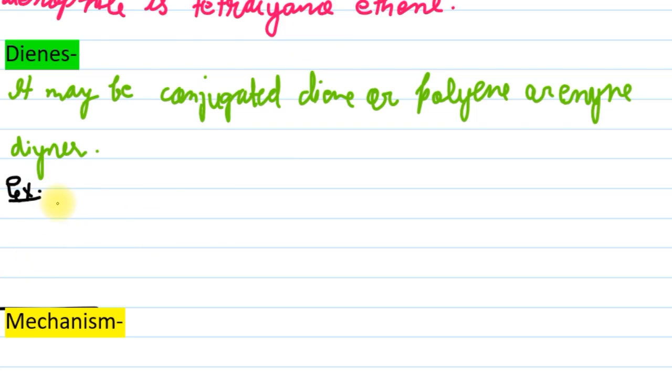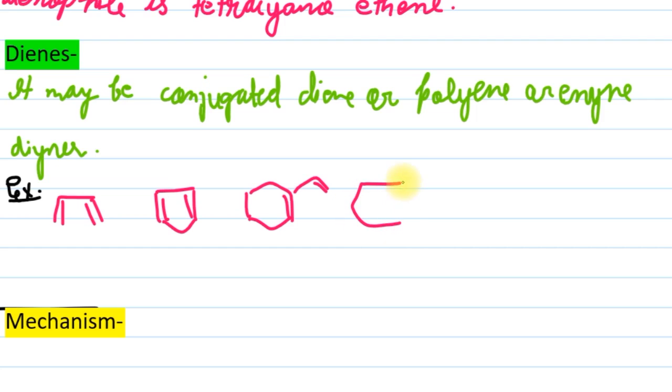First is butadiene, and cyclopentadiene, and this is another example of a diene, and this is also a diene.